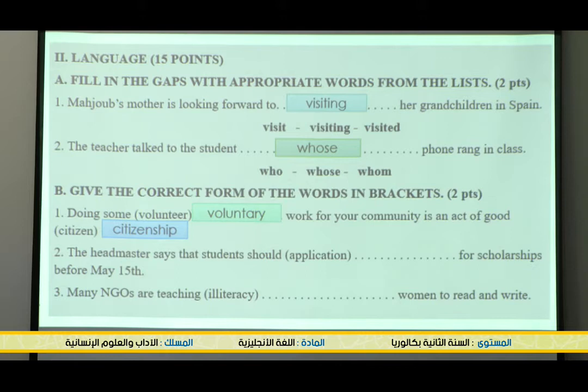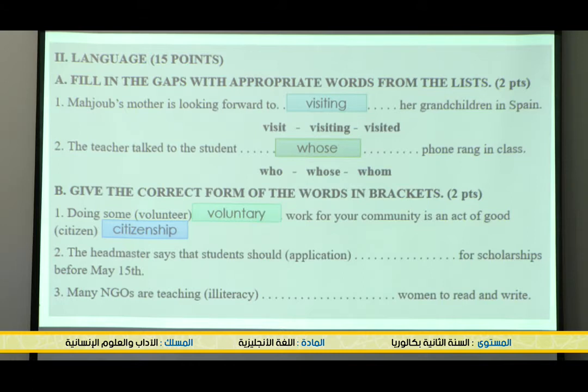Number 2, the headmaster says that students should, gap, application for scholarships before May the 15th. Now I want you again to look here at should. Should is a modal verb, and you know that after a modal verb we need a verb without the infinitive to.